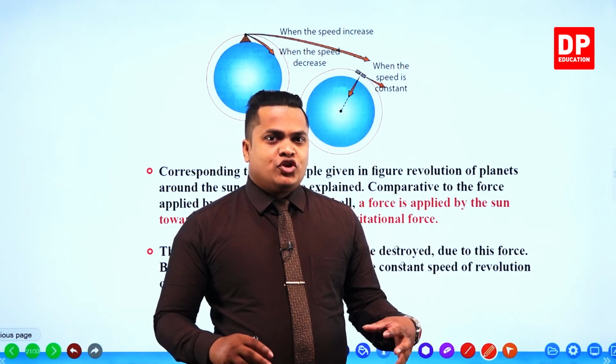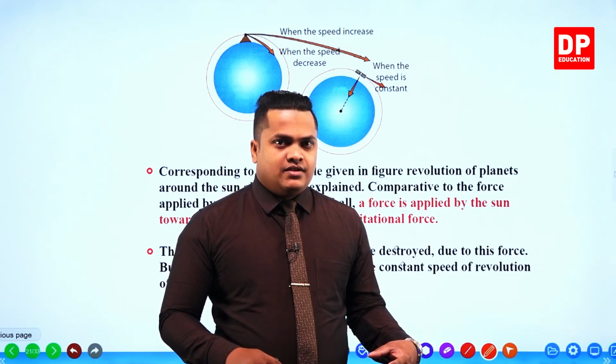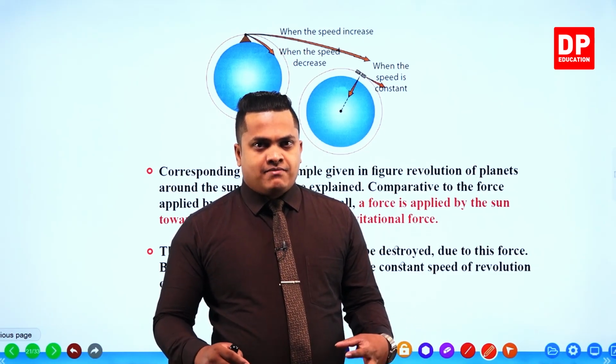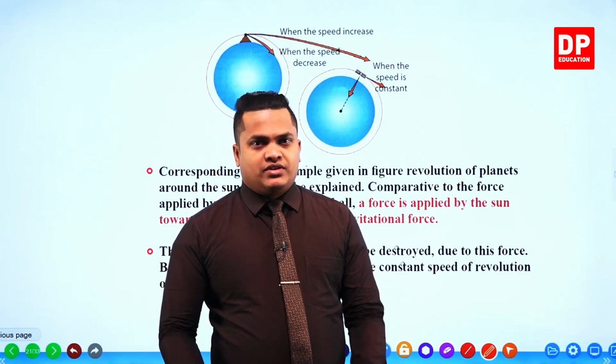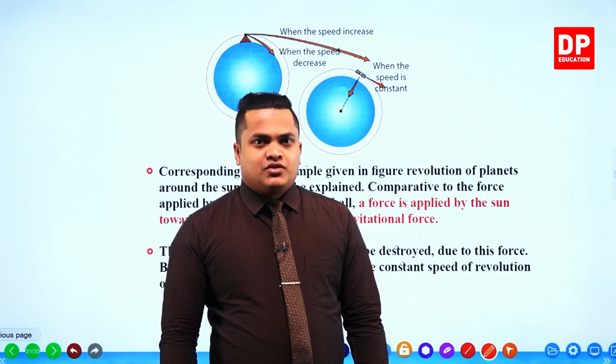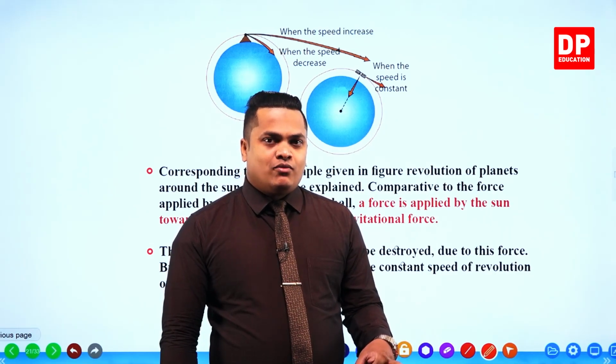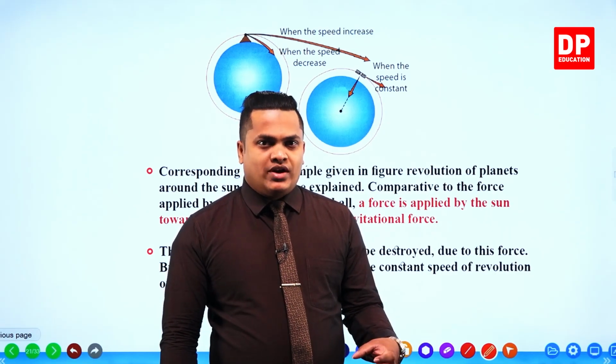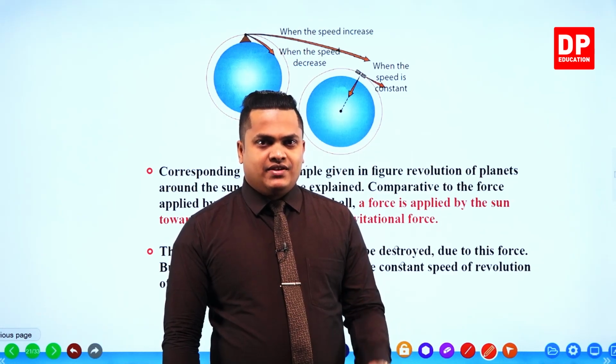When you compare the size of a planet with the size of a moon, the planet is way larger than the moon. That's why the moon is referred to as a subplanet. So the gravitational effect given out by the larger planet is way greater than the other.